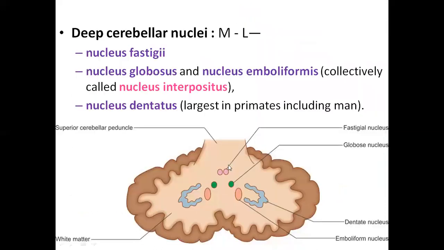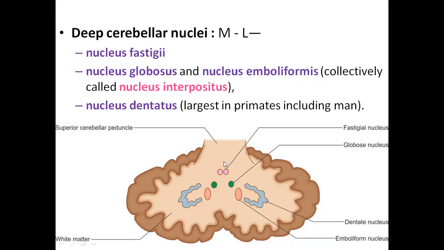So we know the gray matter is situated outside in the cut section and white matter inside. But within the white matter, we have collections of nuclei, which is nothing but gray matter. There are four nuclei. From medial to lateral, the nuclei are the nucleus fastigius, then the nucleus globosus and emboliform nucleus.